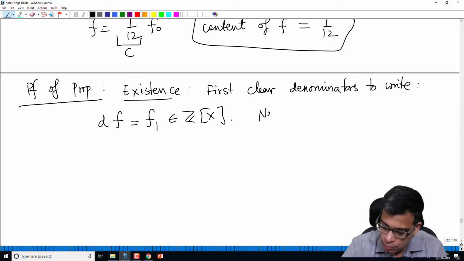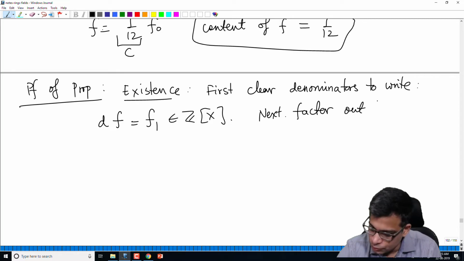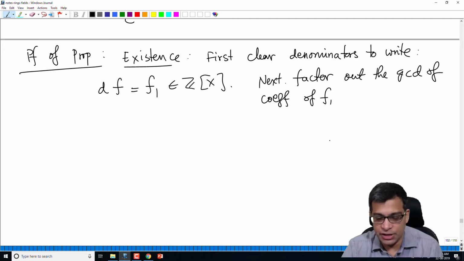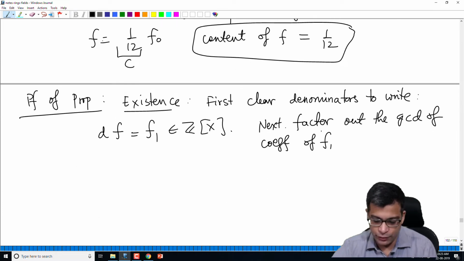Now factor out the GCD of the coefficients of f1. So f1 is an integer polynomial. You look at all the coefficients. In that example, the GCD happened to be 1 itself, so we don't need to factor.